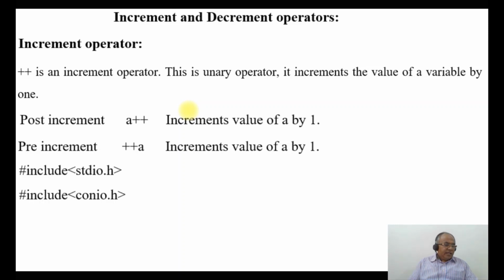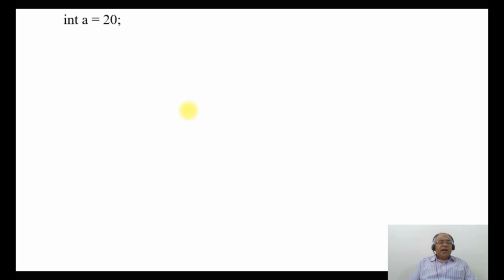Suppose I say include stdio.h and include conio.h, void main. Open the braces. Now we want to analyze how this will be considered by a program. clrscr(); then int a = 20. Once we say that a is equal to 20, the value 20 has been copied to a.